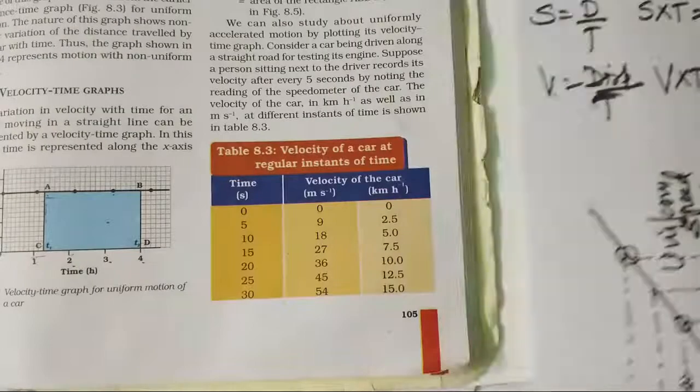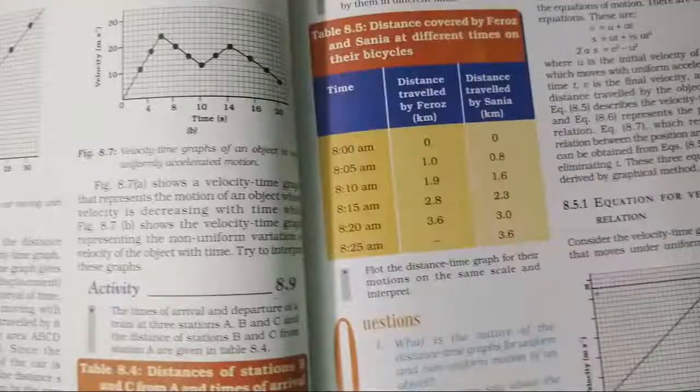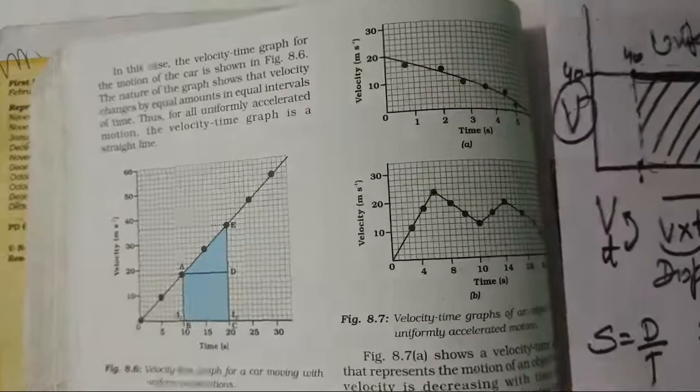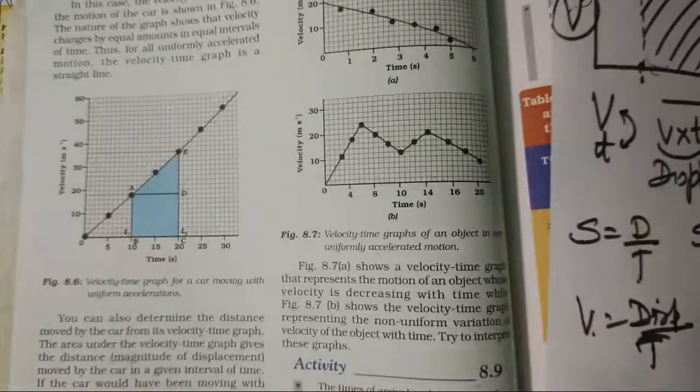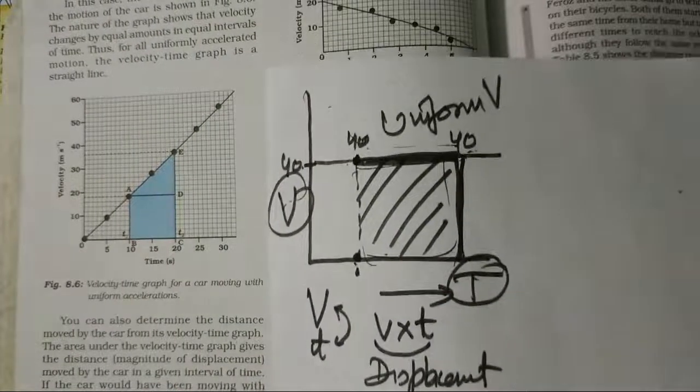So in this case, at different points we can calculate the displacement, and the graph shown for this question is in the form of a slope. Now what is this? This is again a velocity time graph. Previously the graph was like this.